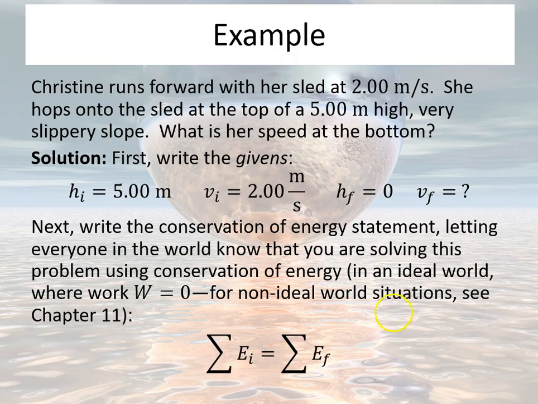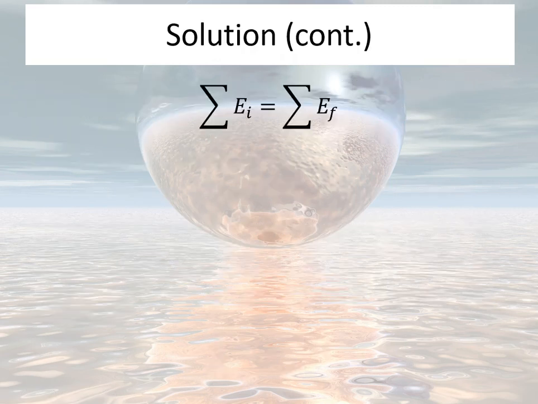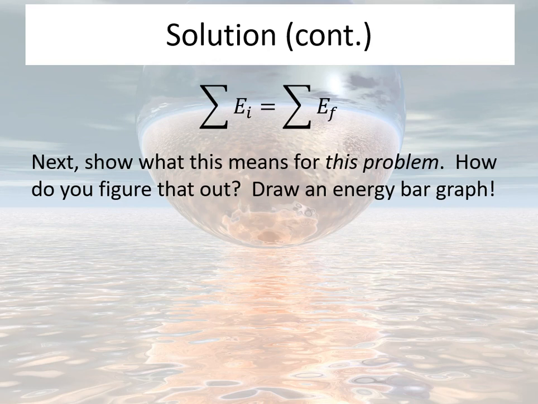So a lot of people prefer to do the plus W no matter what, just because that is the real equation that's going on. But if you know that the work is 0, it's okay to get rid of that plus W in those ideal world situations where you know that there isn't any energy being added to or taken away from the system.